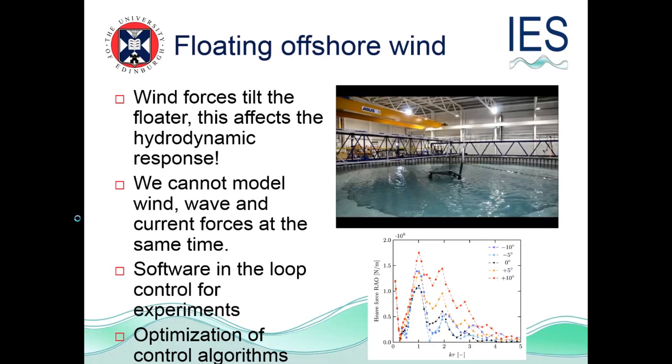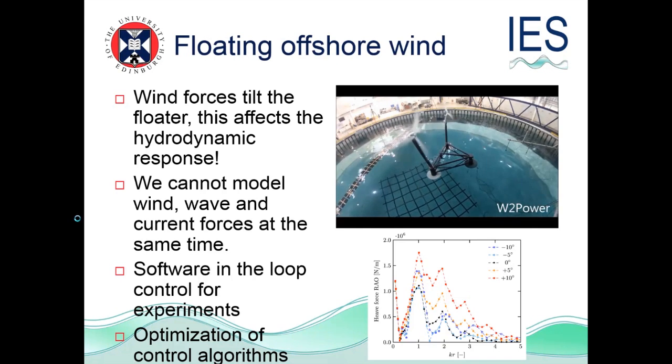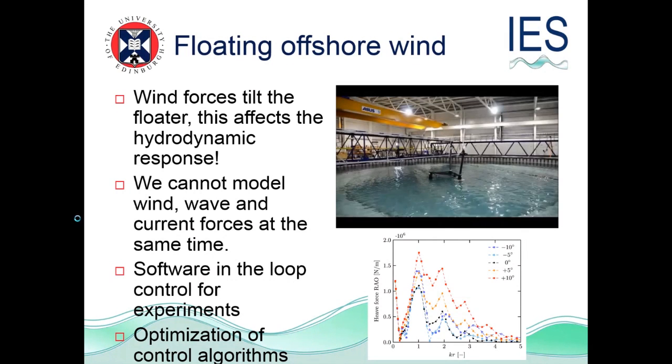And if you look at the effect of that angle on the response amplitude operators, you can see that at 10 degrees, positive 10 degrees heave, which is quite easily achievable, the behaviour of this platform is completely different from what the 0 degrees operation is, which the naval architect who designed the platform had in mind when they designed it. That affects the mooring dynamics, that affects the hydrodynamics.